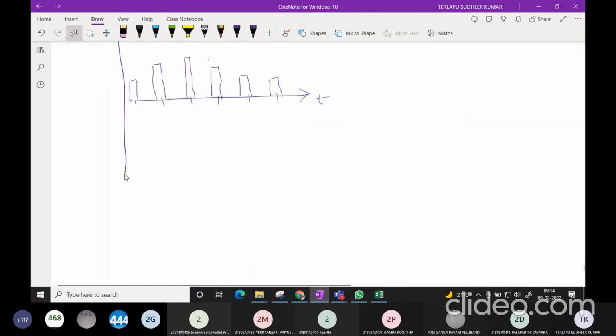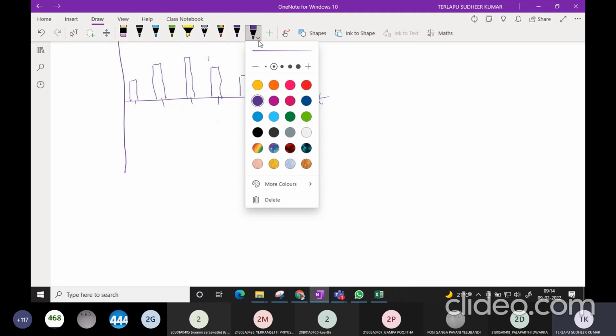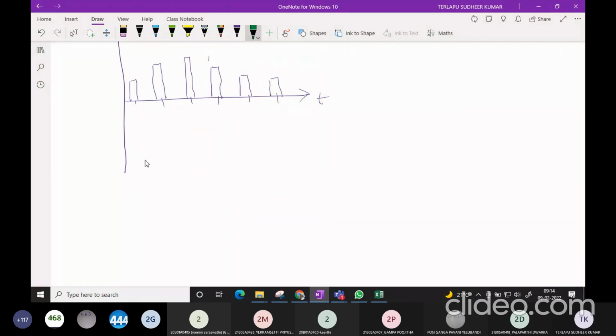Now I'll take the second example. Let it be my S2 of t.